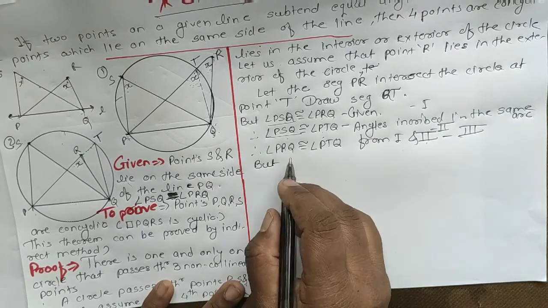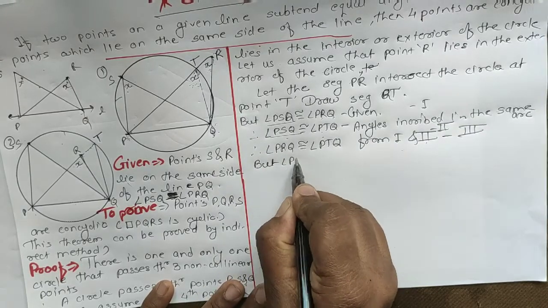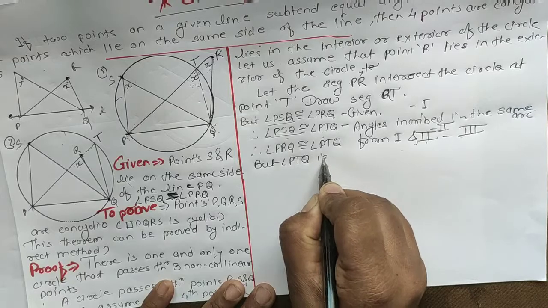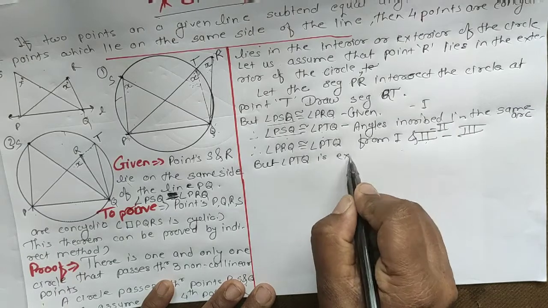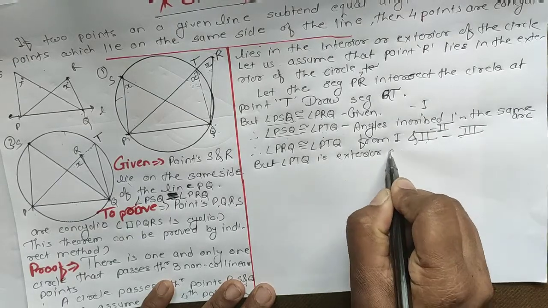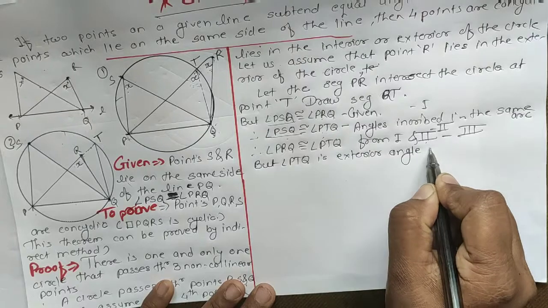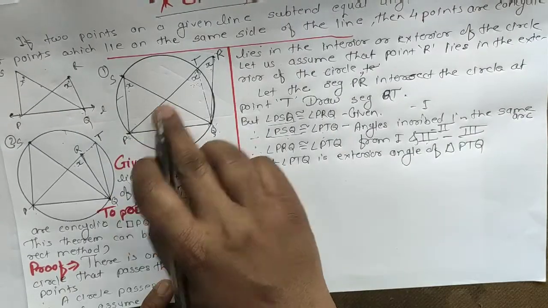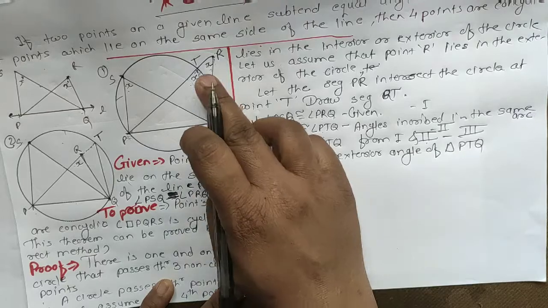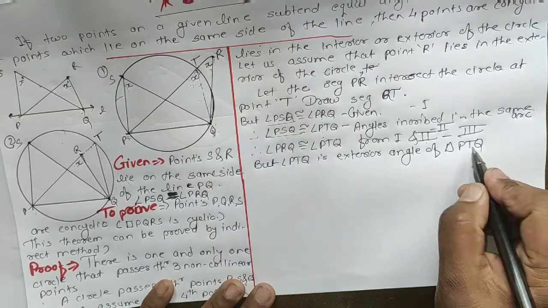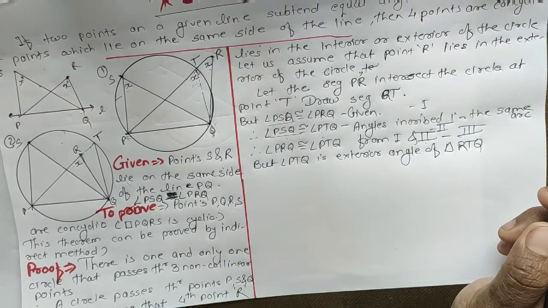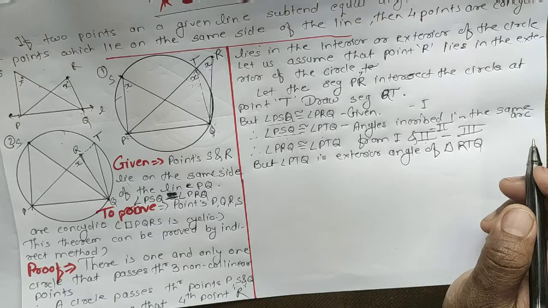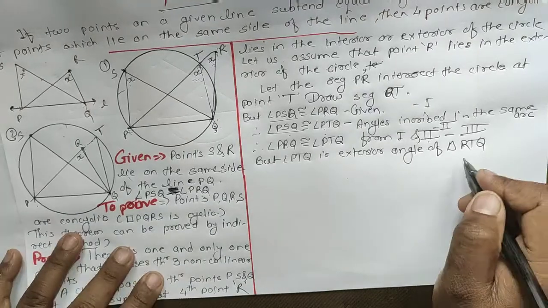But angle PTQ is an exterior angle of triangle TRQ.